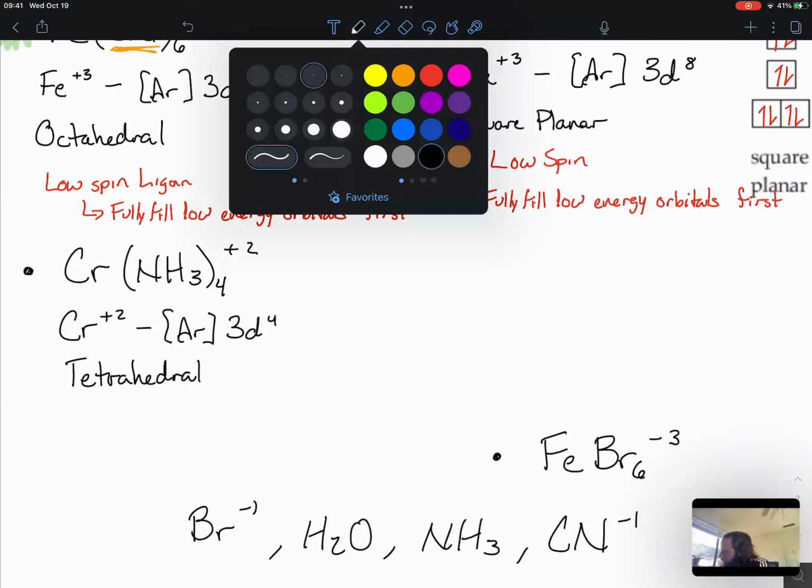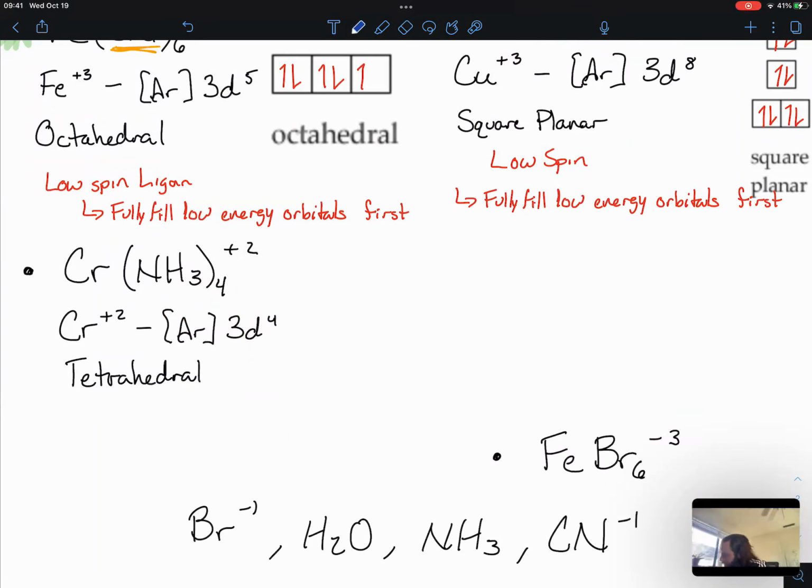And tetrahedrals, in contrast to square planars, are always high spin, meaning we're going to half fill all orbitals before doubling up.